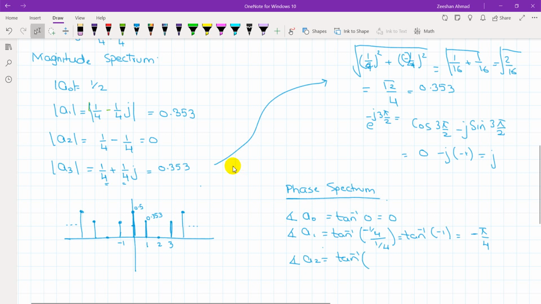Then angle of A2 will be equal to tan inverse of this, which is 0 basically. So my real and imaginary parts are 0 here, and 0 by 0 we cannot have. This is basically an undefined number, so we can say this is undefined here. Obviously, the coefficient here is 0.